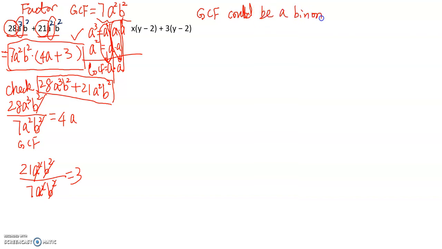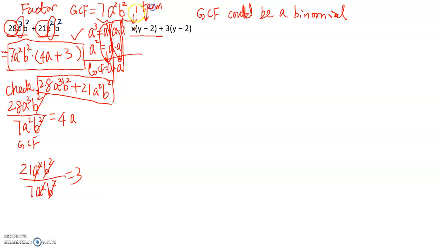So in this case, if you take a look, there are two terms, because x times y minus 2, in the parentheses, we treat as one factor. So x times, because between them it's times. That's a factor, that's a factor. If you multiply two factors, we just get one term.